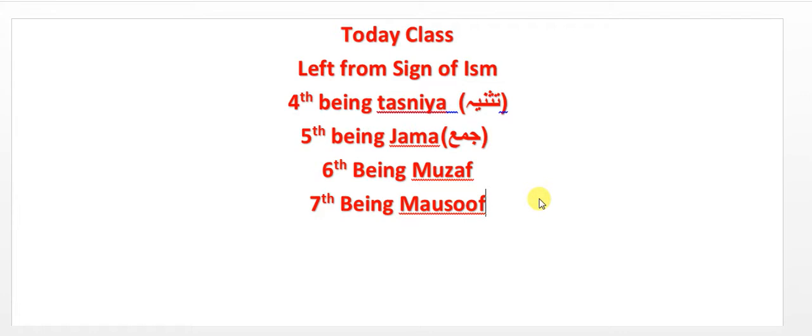But now you can easily understand all these signs, because you are already familiar with all the given topics here. So these 4 signs were left from the alamat-e ism, that is, the signs of ism.